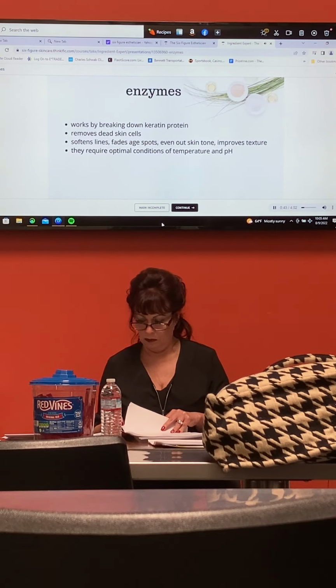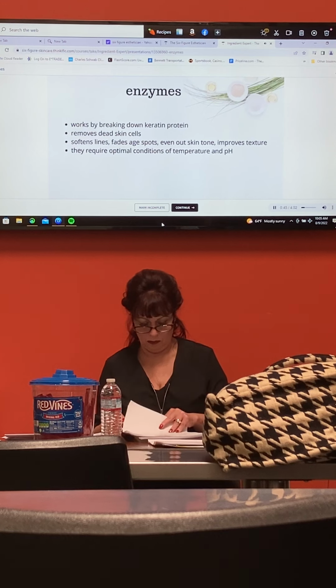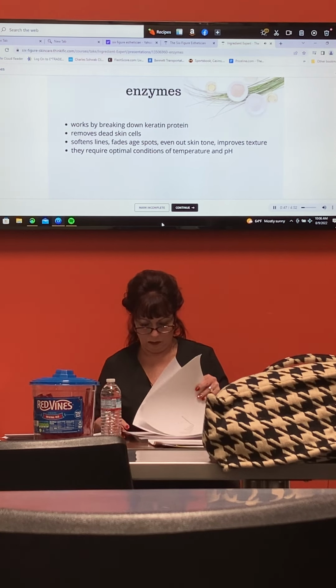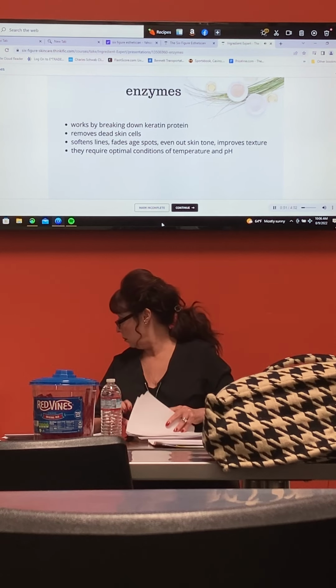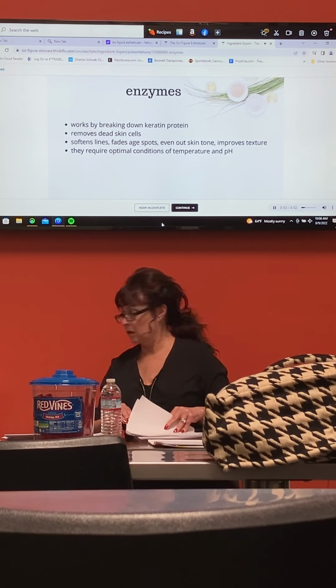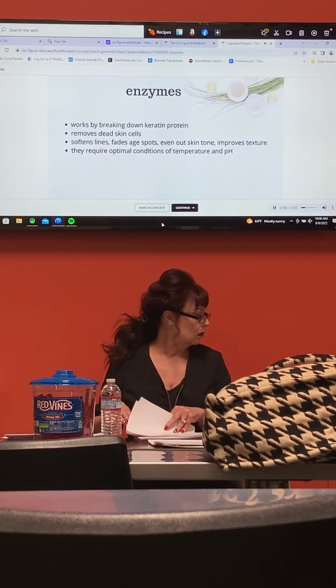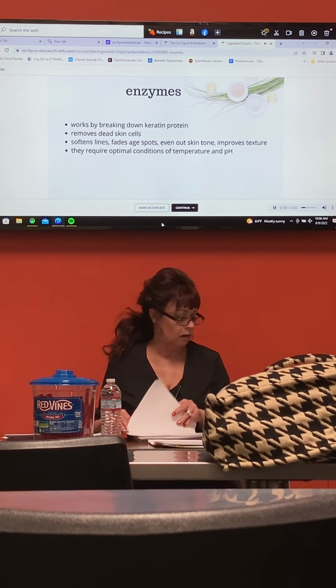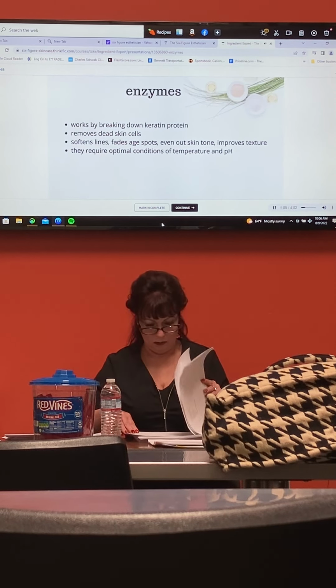So let's look at this a little bit further. Like I said, there's a lot of great types of enzymes on the market. They have two primary uses in the skin. So I'm going to break it down a little bit differently. One, exfoliation is a great use, and the second use is anti-inflammation.